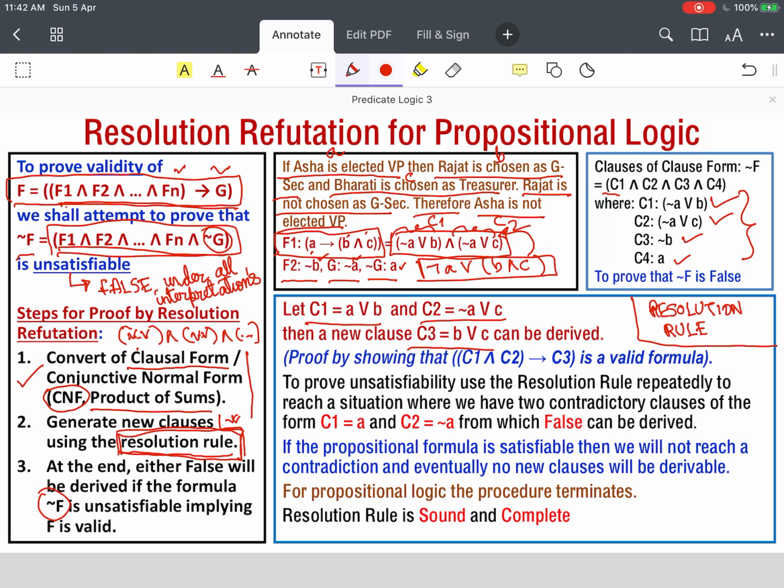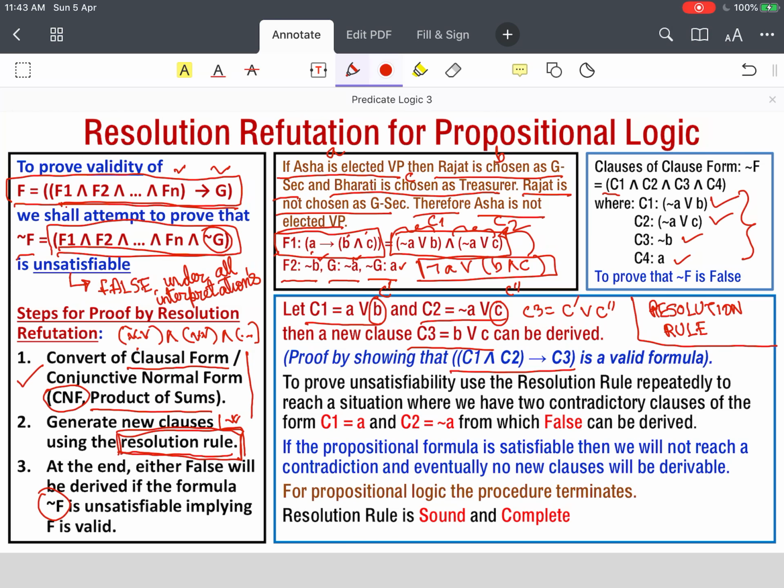Which means that if A or B is true and not A, which is the negation of one of the terms, is true, then you can take the other two terms, make an OR of it, and say this has to be true. We could replace B by some clause C dashed and C by some clause C double dashed, and C3 could be C dashed or C double dashed. It is very simple to prove this.